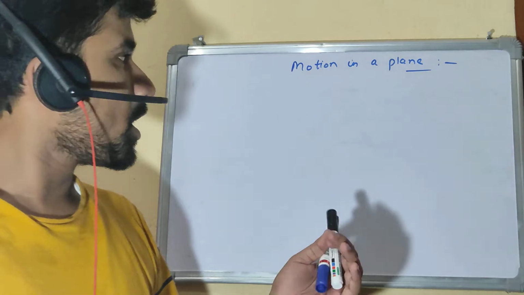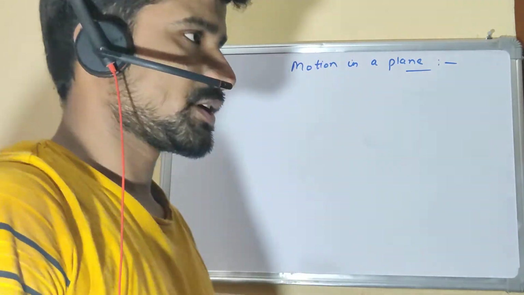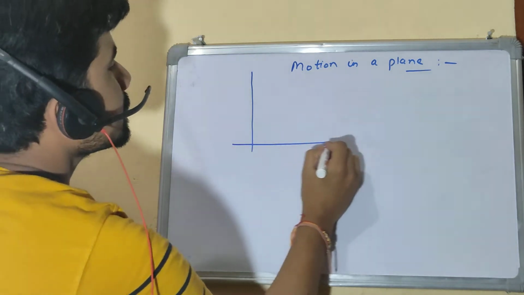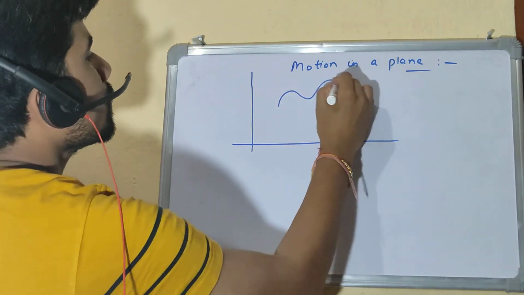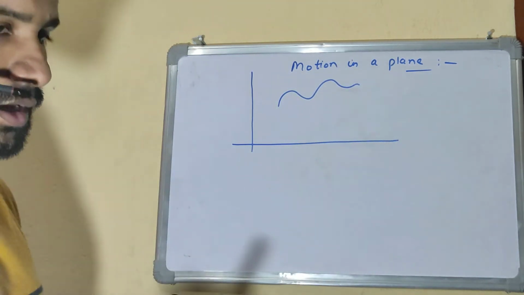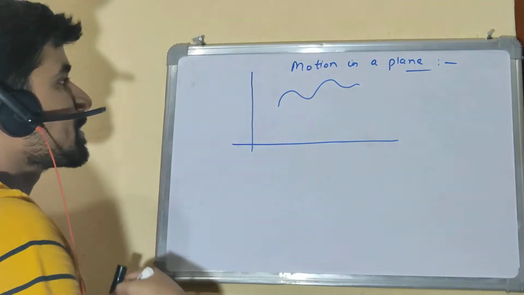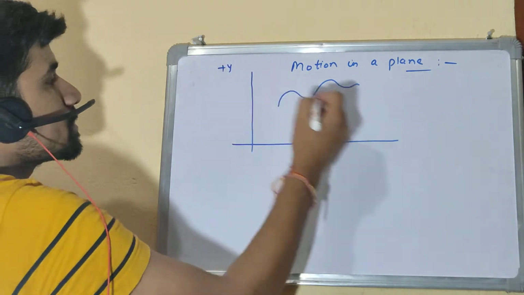Now let's see how things vary in these types of motion, graphically. Let's say this is how the coordinates of any moving particle look, and I'm representing this as plus y and this as plus x.